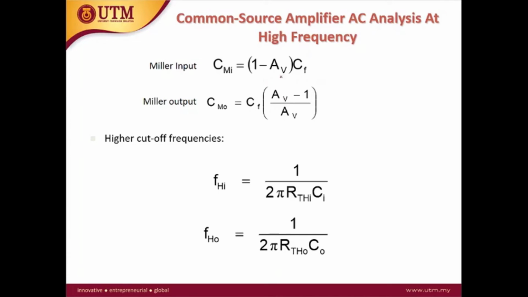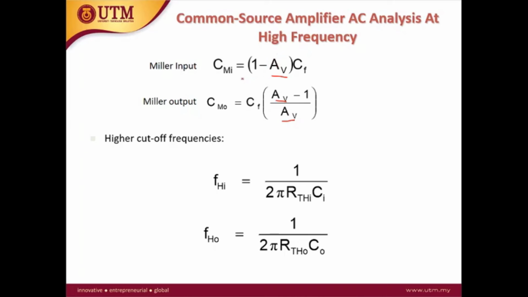To calculate that, you need to know the value of the voltage gain. This is a common source, so the voltage gain is negative, and the minus will become plus.